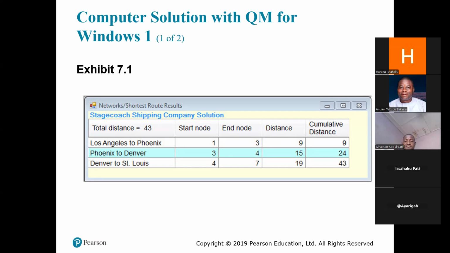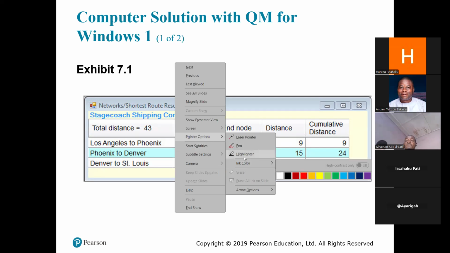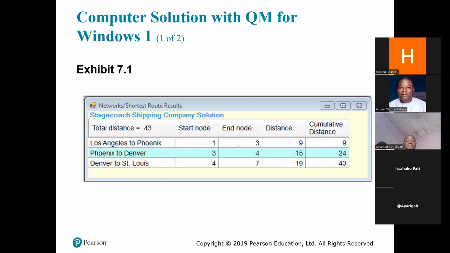And if you look at the diagram, the table presented here, you will see that if we are moving from Los Angeles to St. Louis, the total distance is 43 hours.